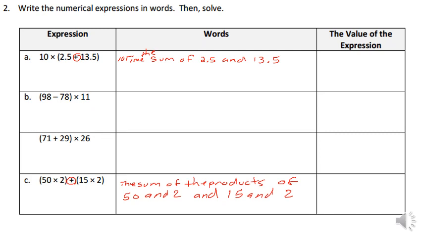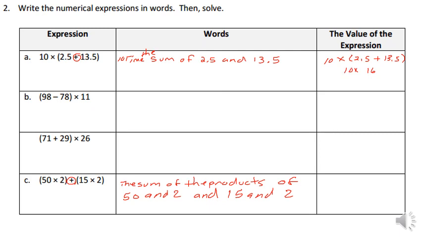Now the value of the expression. Here I have 10 times 2.5 plus 13.5. I have to add these two, the parentheses, I have to do this first. Now 13 and 2 is 15, 0.5 and 0.5 is one whole, so it's going to end up being 16 times 10.